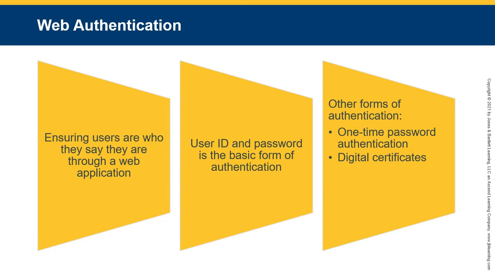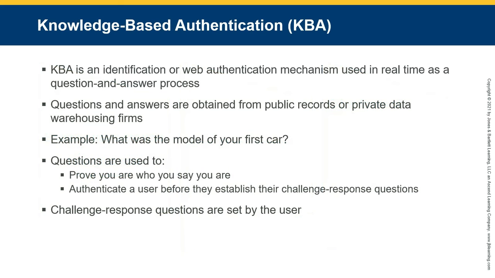Web authentication: ensuring users are who they say they are. User ID and password is a basic form of authentication. Other forms include one-time password authentication or digital certificates. Knowledge-based authentication is a web authentication mechanism used in real life as a question and answer process.